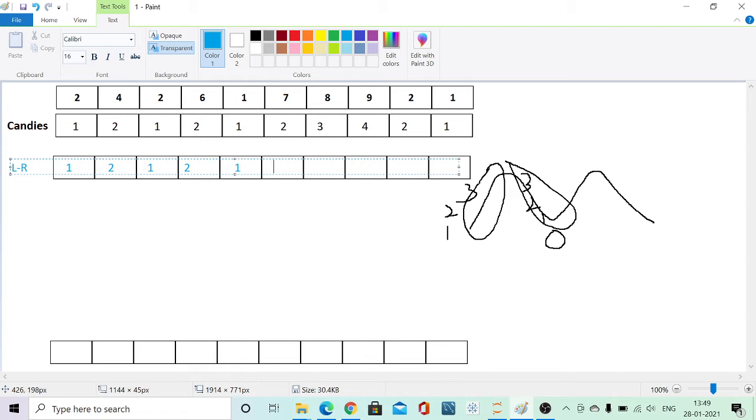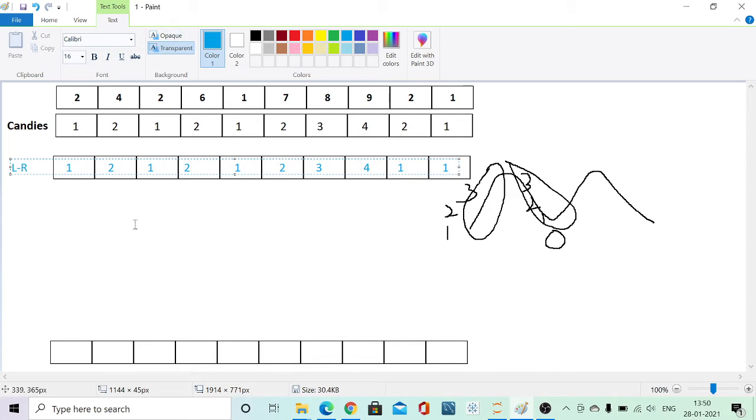Now this has a higher rating, so he will get 2, 3, 4, and again the rating has reduced. So we cannot be sure, but we know that he will get at least one candy. Now the last person also has a decreasing trend, but we know he will get at least one candy.